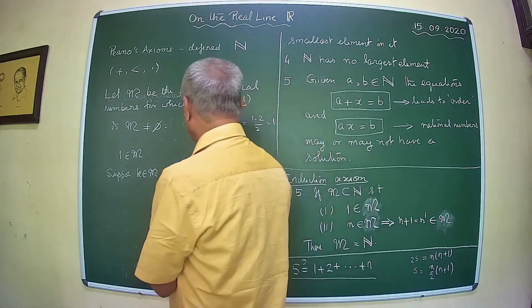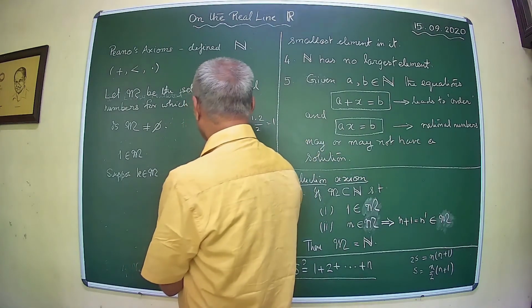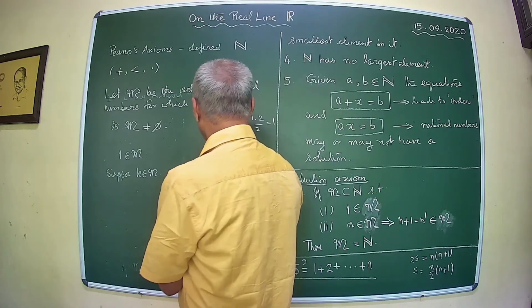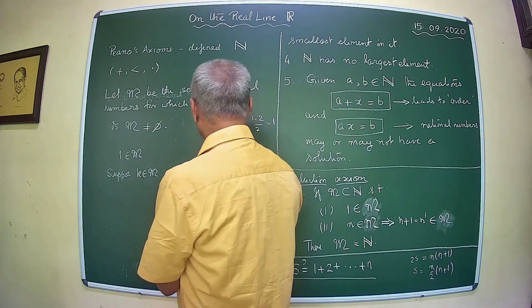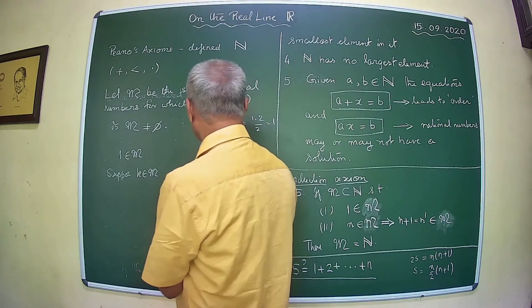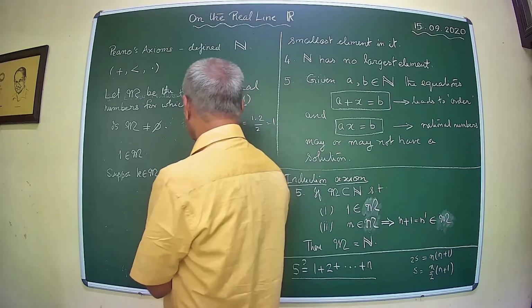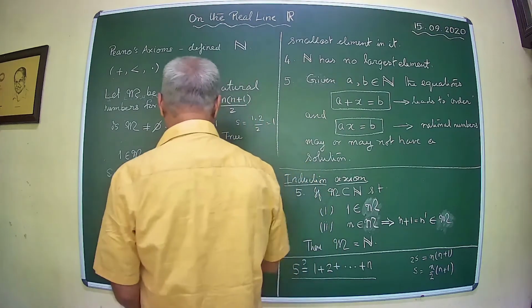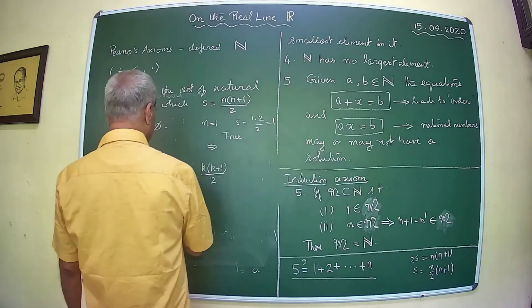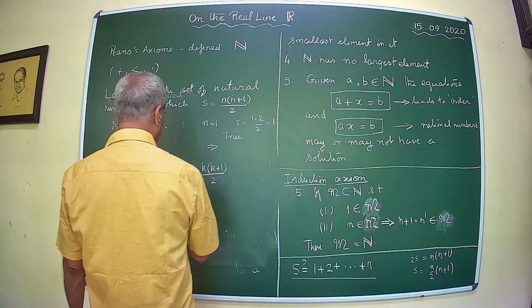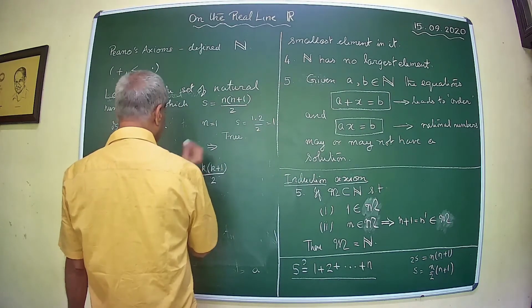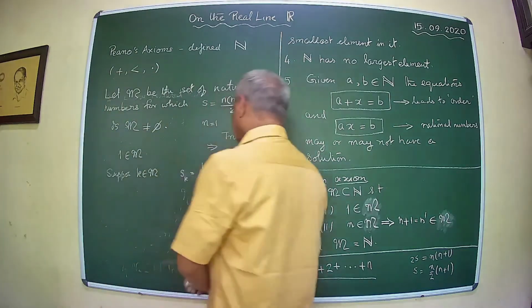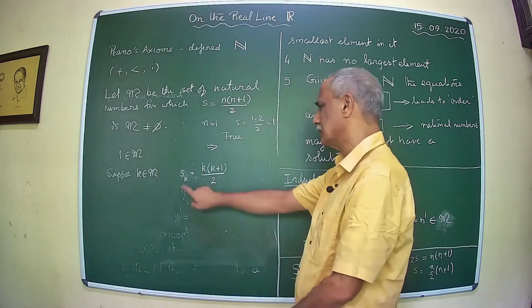The corresponding S is going to be K into K plus 1 divided by 2. This is what you have: 1 plus... so the sum up to K numbers. Let me write that. This is just to tag this formula.